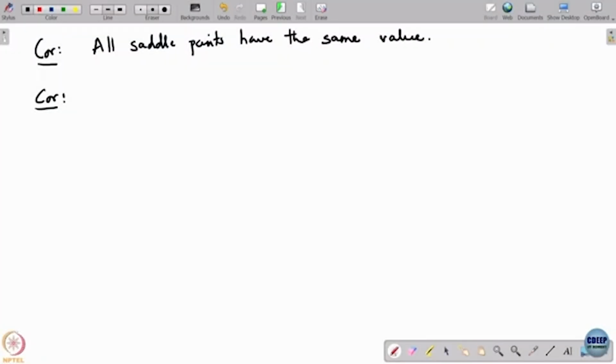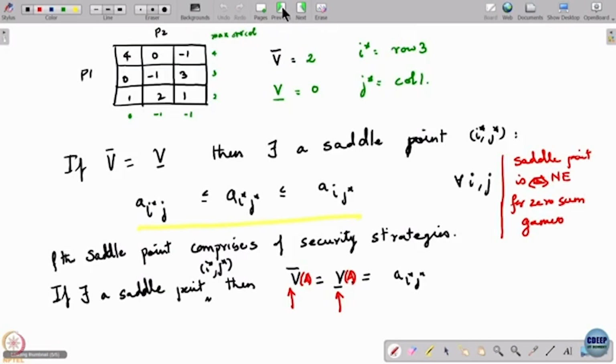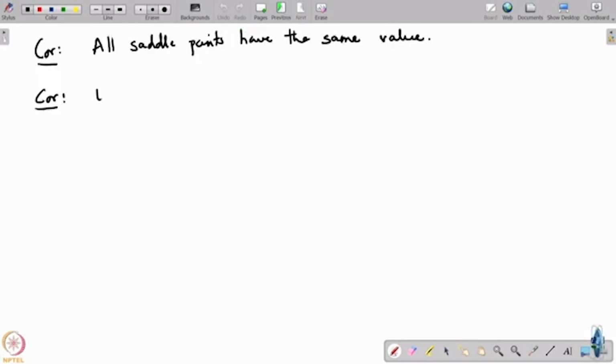Here is another corollary of what I just wrote on the previous page. Now, suppose there are two saddle points. Let's say I1 J1 is a saddle point and I2 J2 is another saddle point.